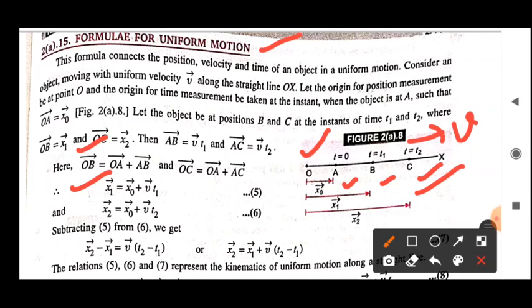So x1 is the displacement here. x0 is the distance already travelled, where the particle was at A, and from 0 to t1 it has covered some distance with some velocity v. That distance is v into t1. So you add and it equals x1.